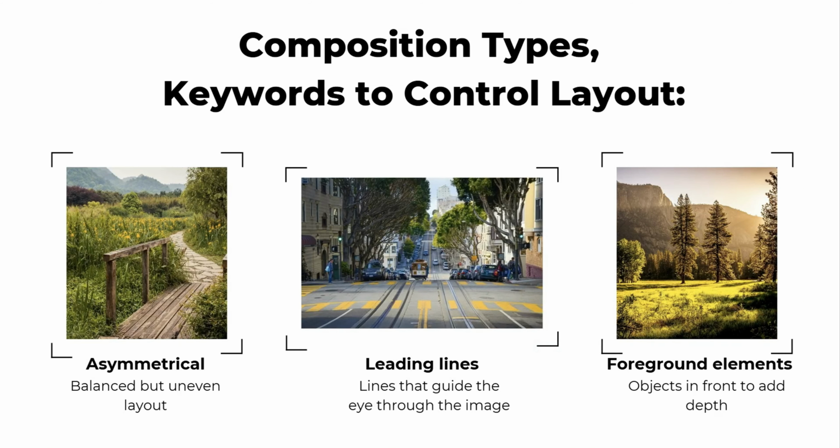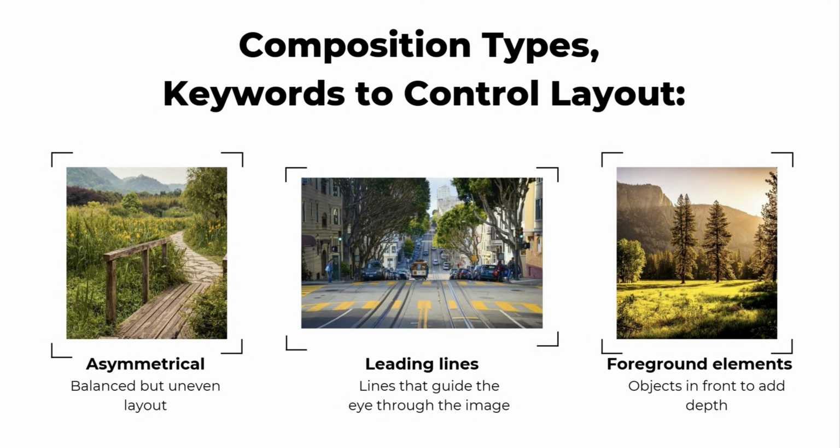The next one is asymmetrical. It is a balanced but uneven layout. As an example, we can write a garden path, asymmetrical composition. Leading lines is the next. It uses lines that guide the eye through the image.